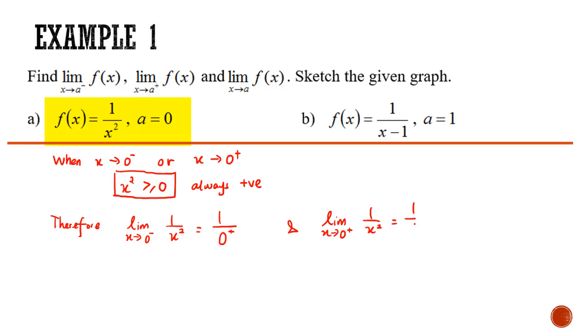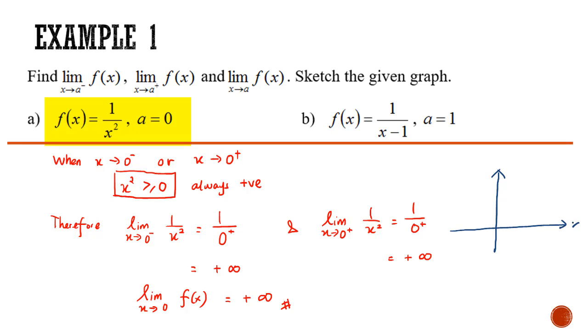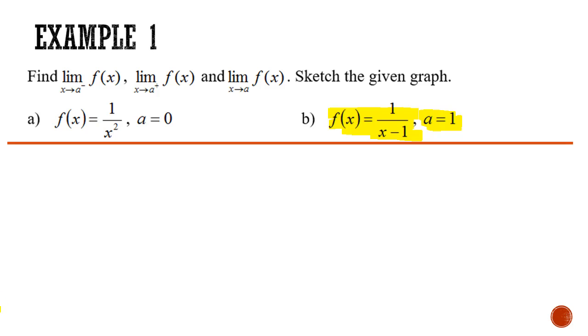So the overall ratio 1 over 0 plus gives positive infinity for both. We can conclude that the limit exists but is undefined, with positive infinity. So the graph will look like this: getting closer to 0 from the left, going up, and from the right also going up.